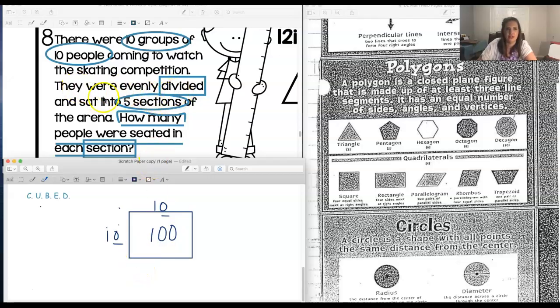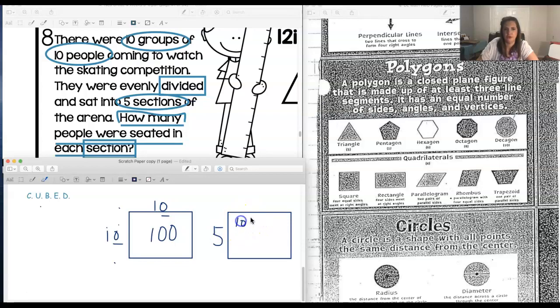But then it says they were evenly divided and sat into 5 sections. So now I have a total, but now I have to divide them back up into 5 sections. So I have a total of 100, and they are divided into 5 sections.